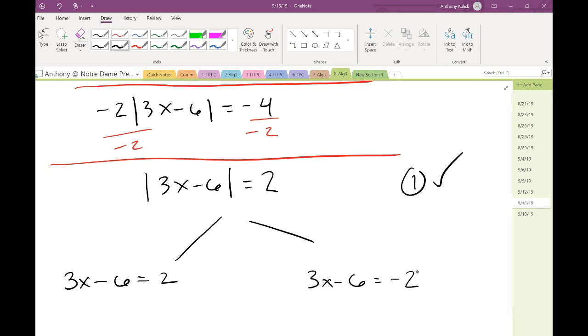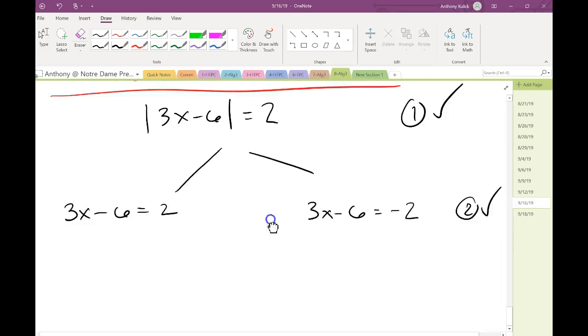Yes? Then it would become negative of a negative, or positive. Yep. Good question. We'll see that in an example coming shortly. Everybody good so far? That's step 2 done.